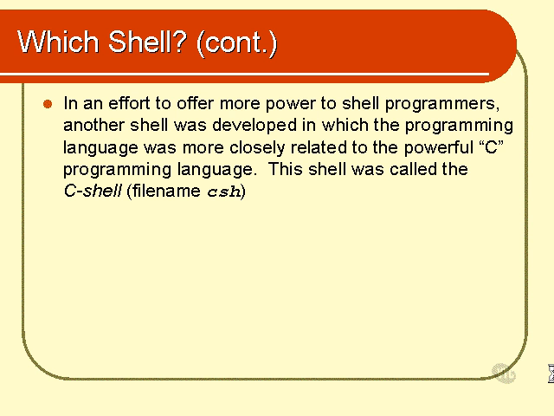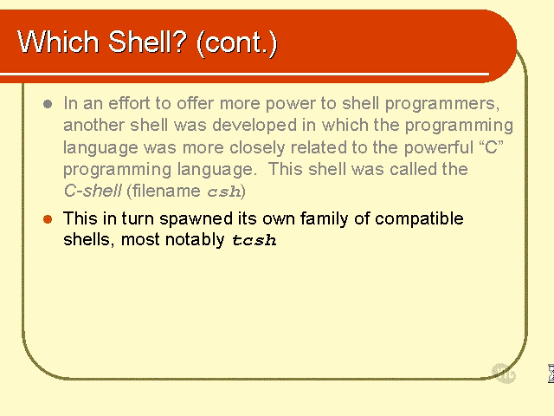The file name for that particular program is csh. Now, csh, or the C shell, was the original shell of that particular programming language. That in turn was seen to be rudimentary and evolved its own family of C-compatible shells, and tcsh is probably the most popular of those.